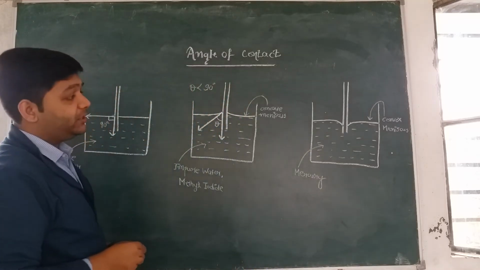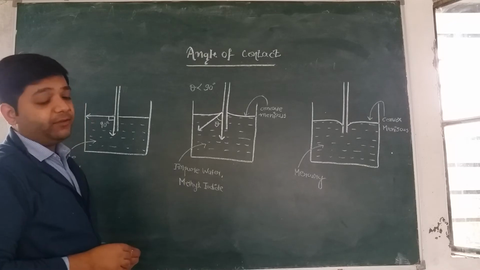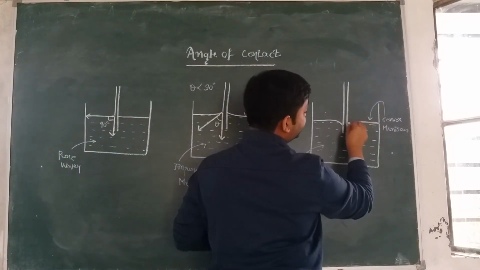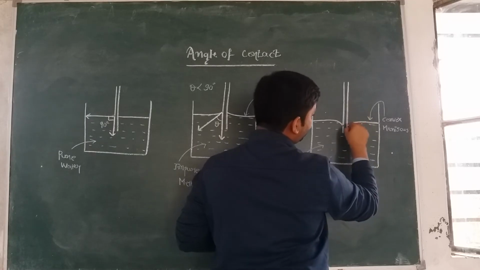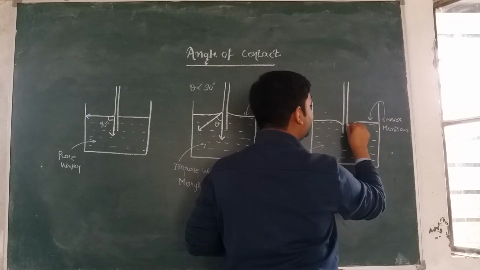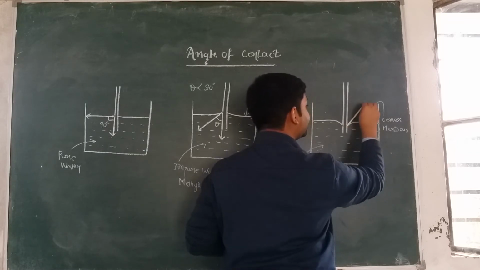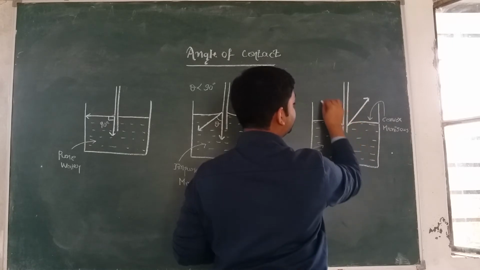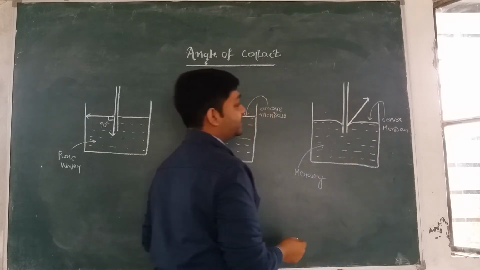Please see how the tangent will be drawn to this surface. It will be such that it is away from the solid. So now if we consider this, the tangent at this point should be away from the solid. So either you can draw the tangent like this, or you can draw a tangent like this. This is also away from the solid surface.